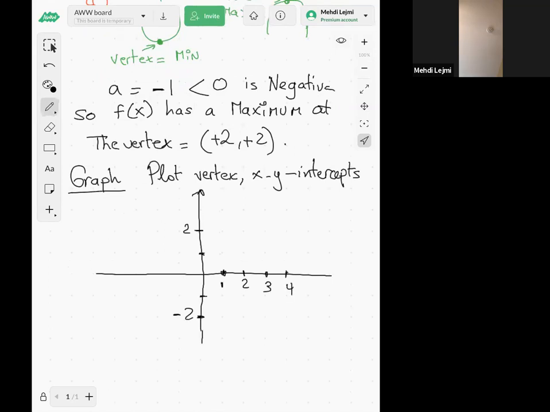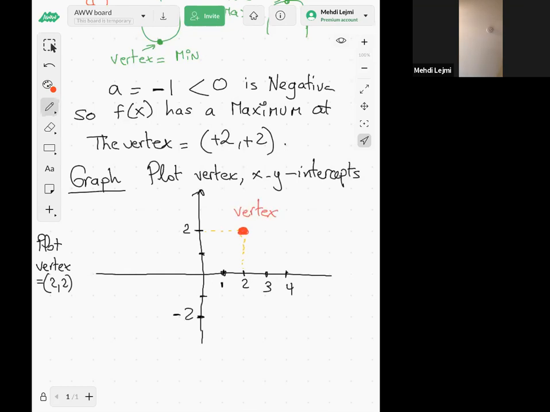First thing is to plot the vertex, which is 2, 2. So here's my vertex.